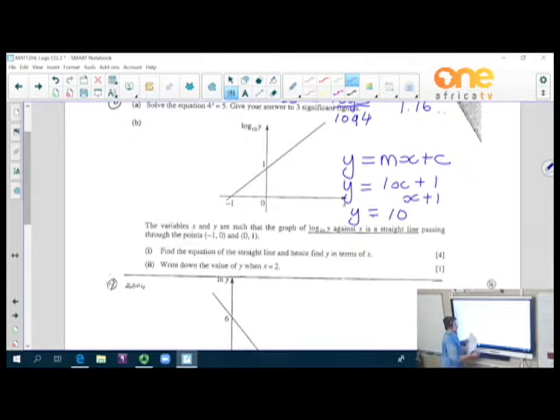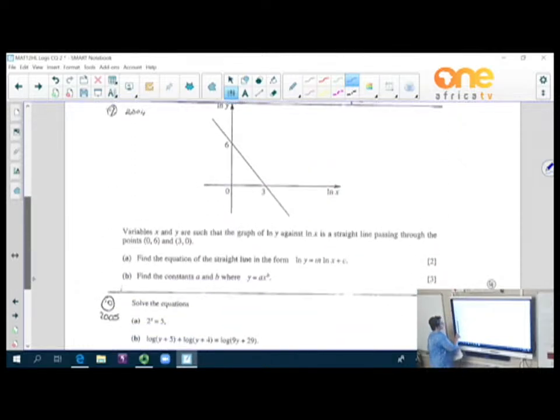Usually we start here and work backwards to the graph. Now we have to go the other way around. And then they say, write down the value of y when x is 2. So we're just going to substitute a 2 in there, 10 to the power of 3 then, and the answer is 1,000.